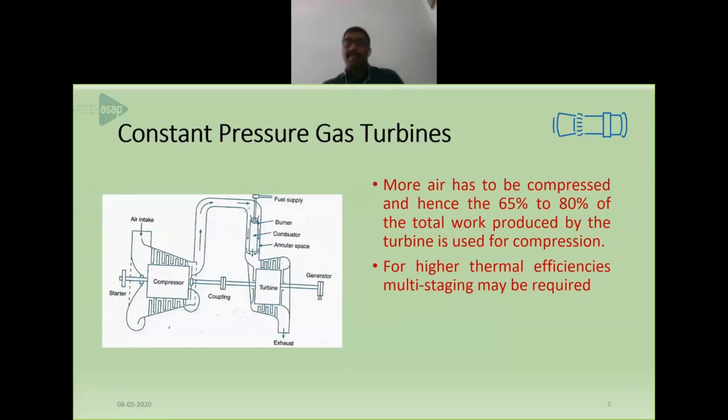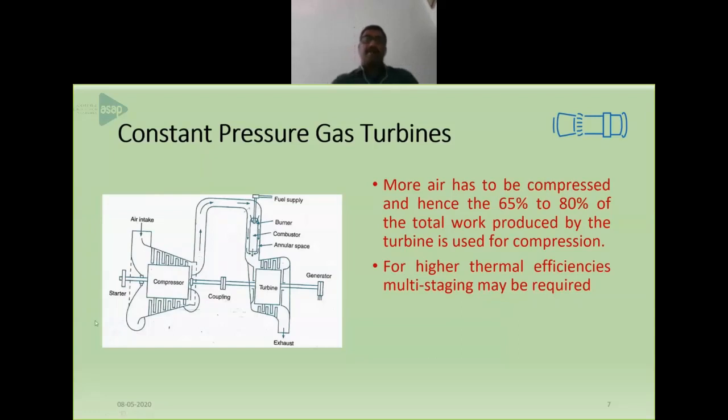In order to get a cooling effect, you are taking the flow of air through the annular space, because a large quantity of air at a lower temperature through the annular space will cool the combustion chamber. So for cooling purposes, we are having a higher quantity of air.